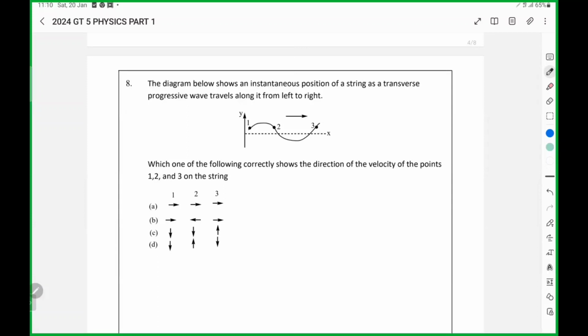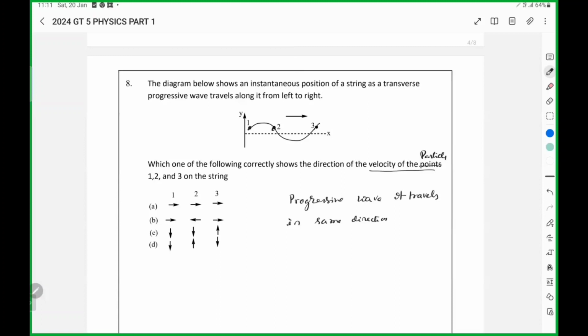So this diagram below shows an instantaneous position of the string. A progressive wave means it travels in the same direction. So consider the velocity of the particles located at points 1, 2, 3.